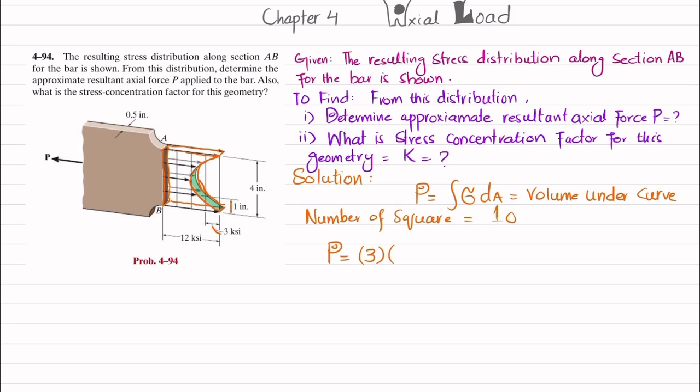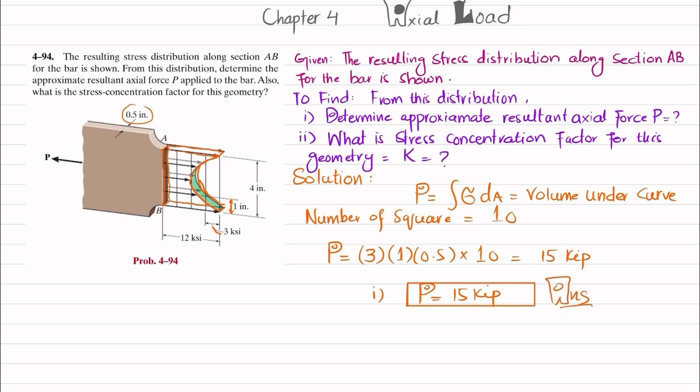What is the area? 1 is the height of this and 0.5 is the thickness. So 3 into 1 into 0.5. There are 10 squares, so I will multiply it with 10. It will give you the P load, which is the volume under the curve, and when you calculate it, it will be equal to 15 kips. So P equals 15 kips, which is the answer of our first part.